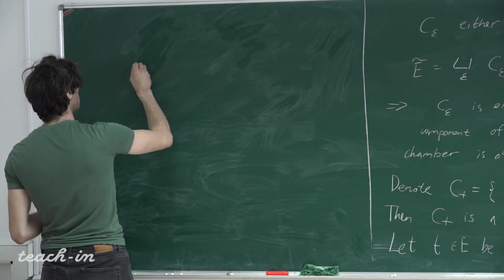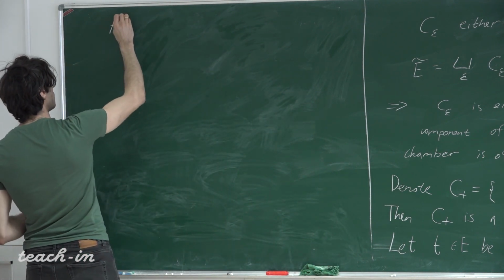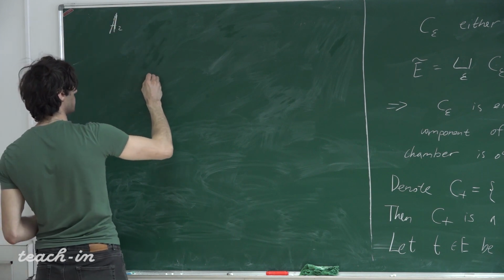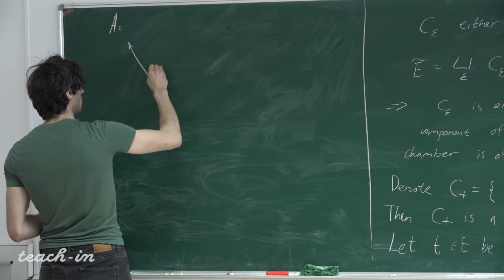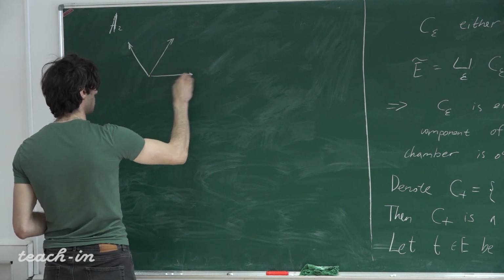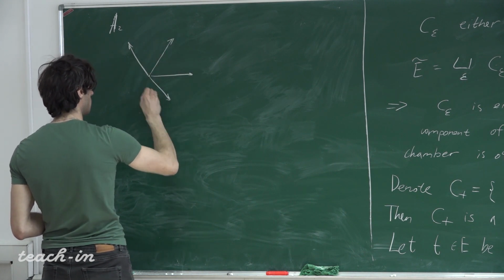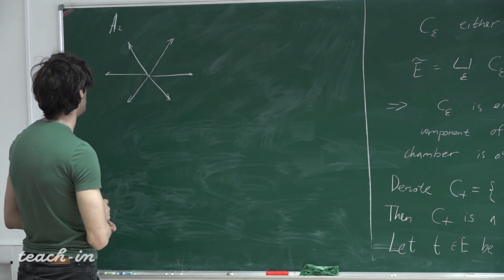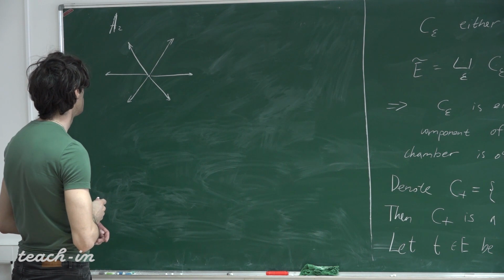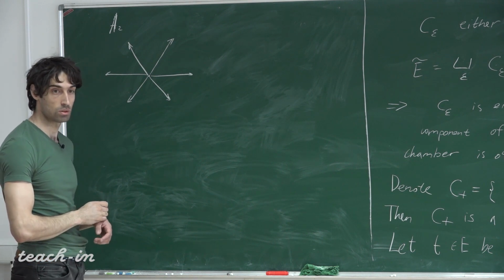So in A2, you have the following roots. And then you draw hyperplanes orthogonal to these roots.